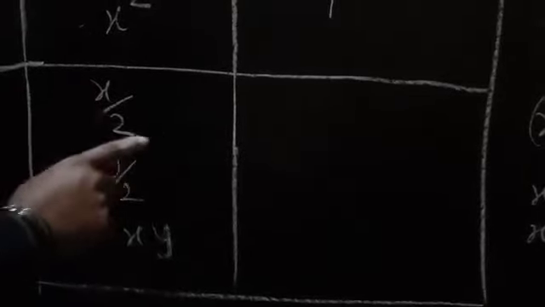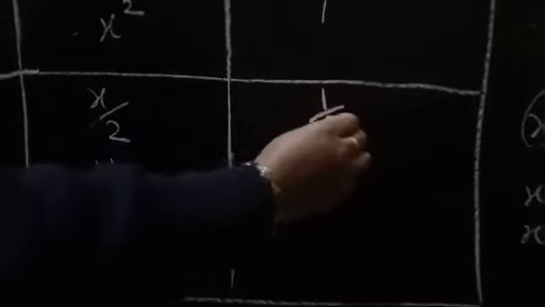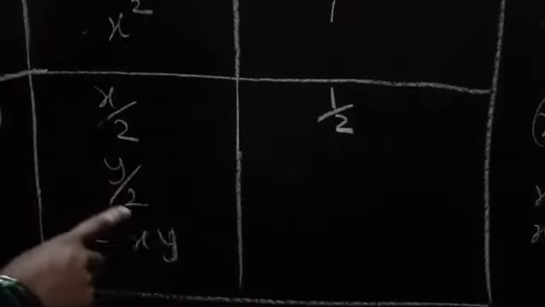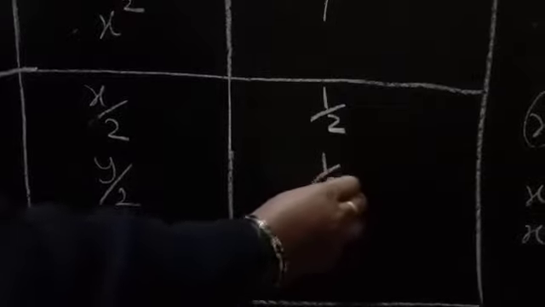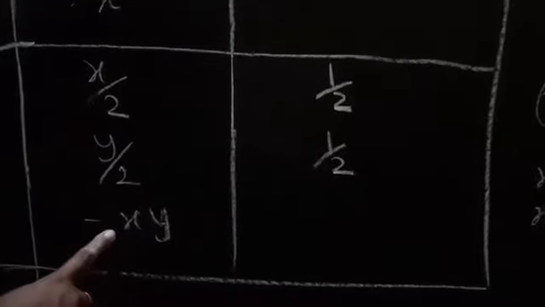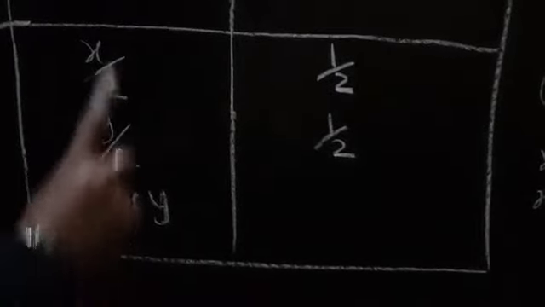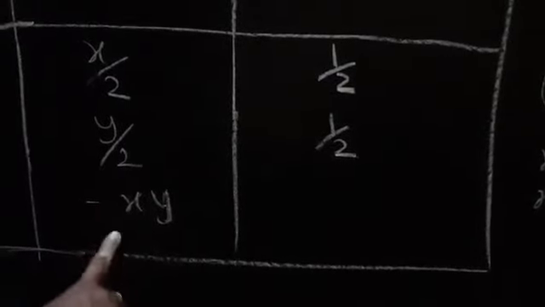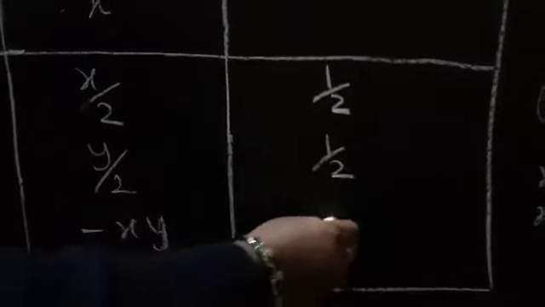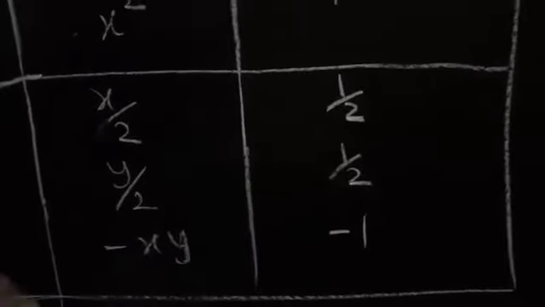If you take x as the variable out, what will it be here? 1 by 2. Here if you take y out, what will it be? 1 divided by 2. Here if you take xy, what will it be? No number means 1. So it is minus 1 xy. So minus they have given. So minus 1 is our answer.